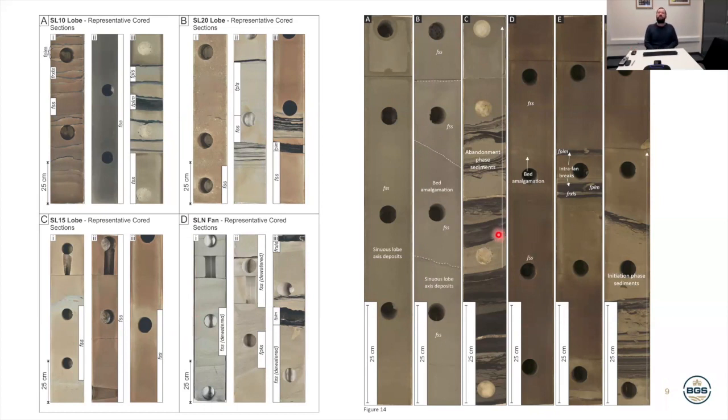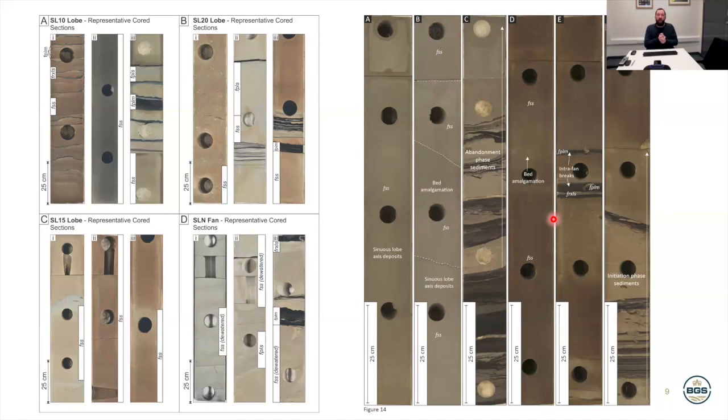So my cursor is just on a hybrid event bed in here. You can see that it's not just one, there's multiple stacked hybrid event beds as a sequence or succession, let's say. And that's within an interval of otherwise high-density turbidites either side. So essentially, we know that we see high-density turbidites, then hybrid event beds, and then high-density turbidites again.